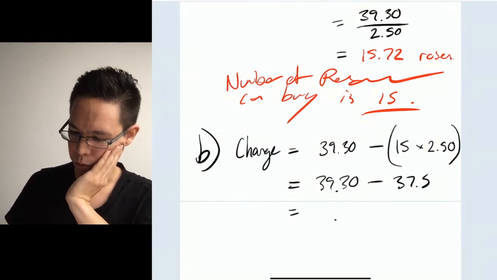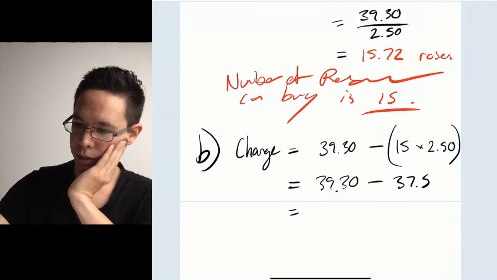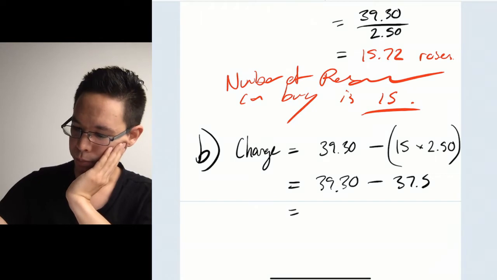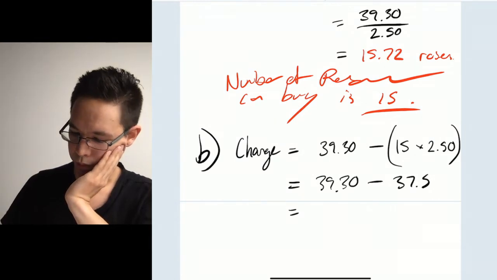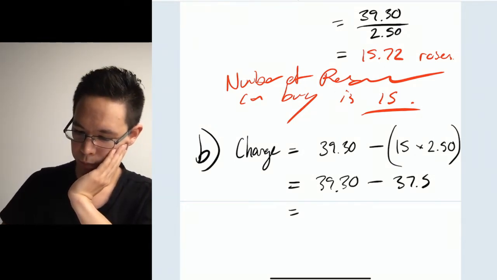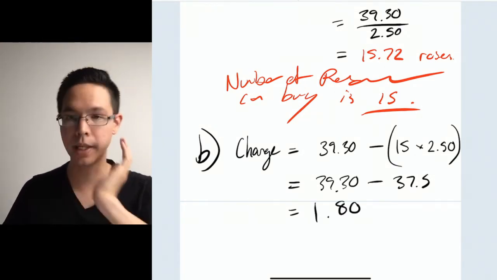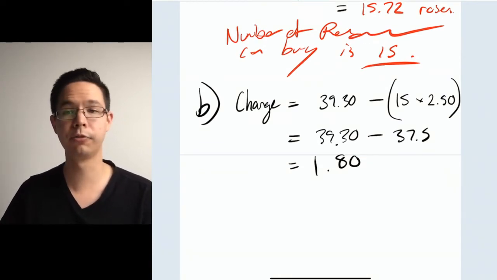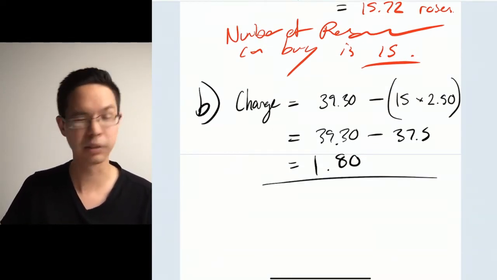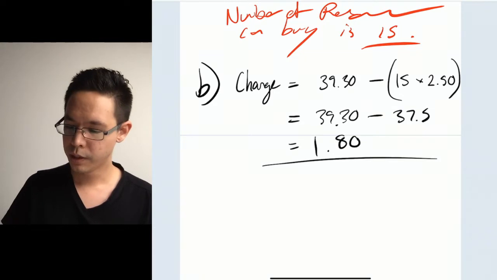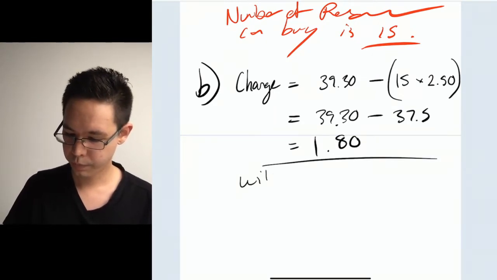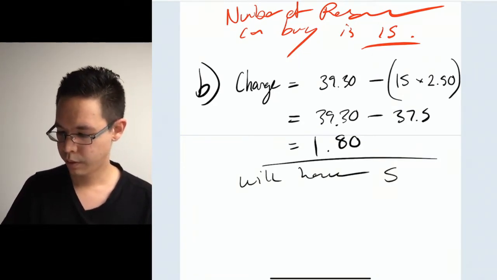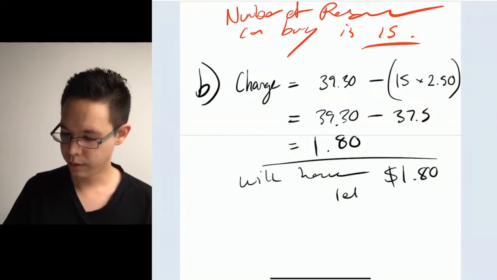I'm just going to go back and do this on the calculator. $39.30 remove $37.50. Yeah, it should be 1.8. Sorry about that, folks. I tried to do it in my head too quickly and I made a mistake. Often when I do that, I will double check myself and go, is that right? No, that's not right. So we'll have $1.80 left as change.